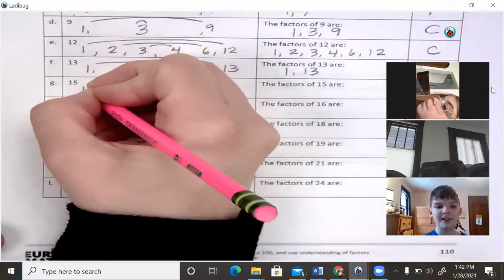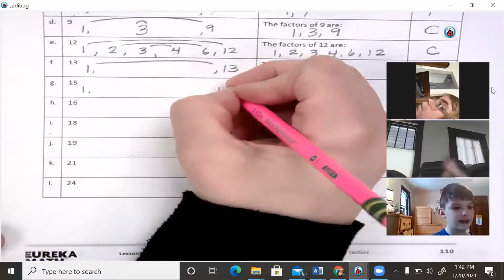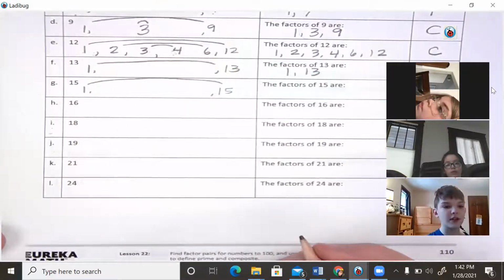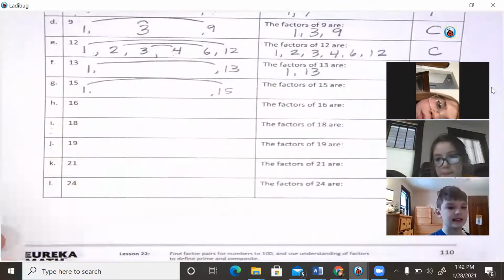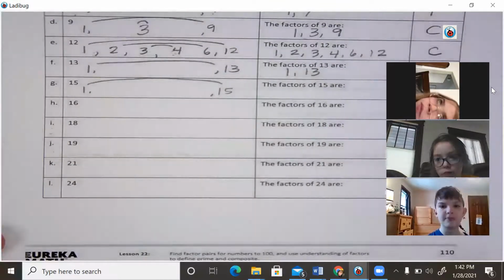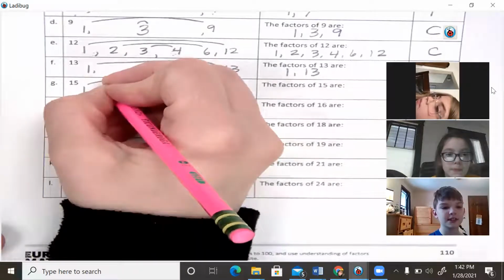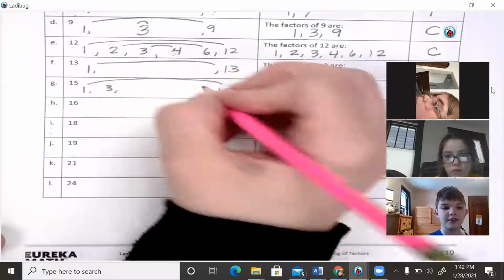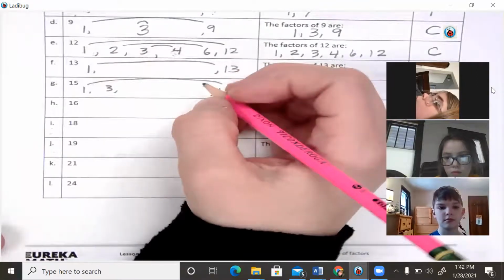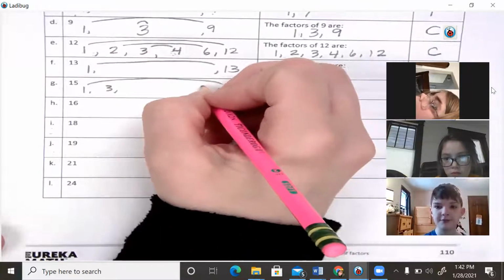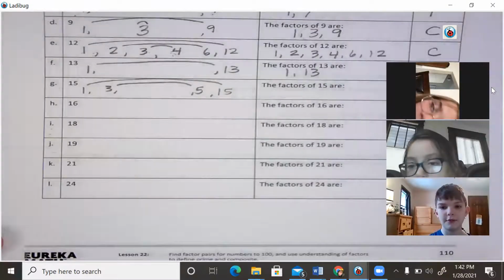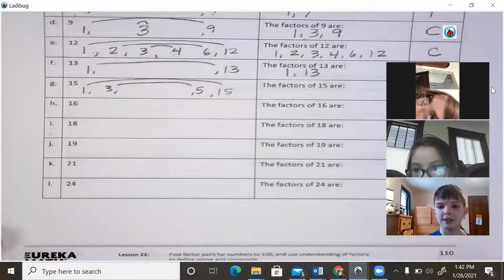So the first factor pair is 1 and 15. Great. Then we tried 2. That did not work. 3 worked. And because that worked, we narrowed it down to, Colin, 3 times what gave you 15? 5. Okay. What comes after 3? 4. Did that work?